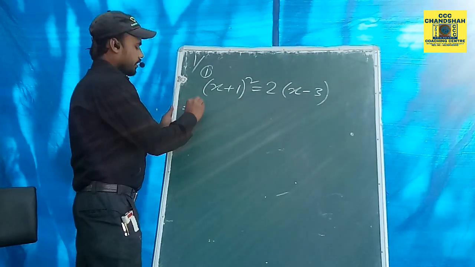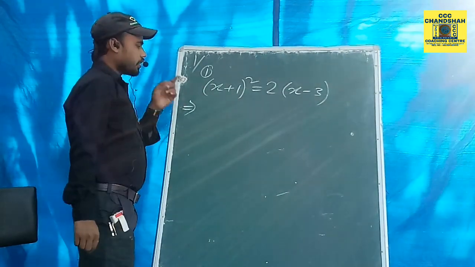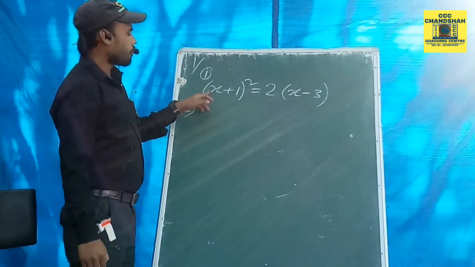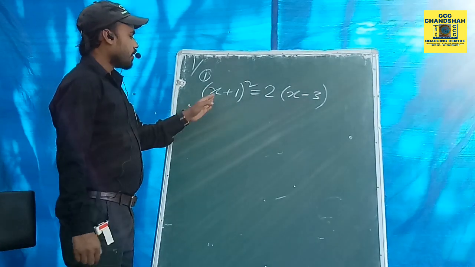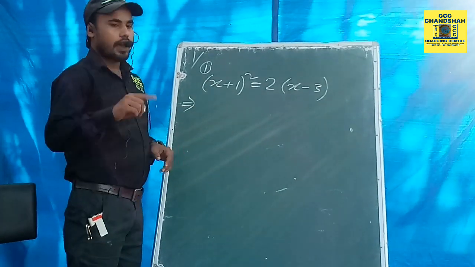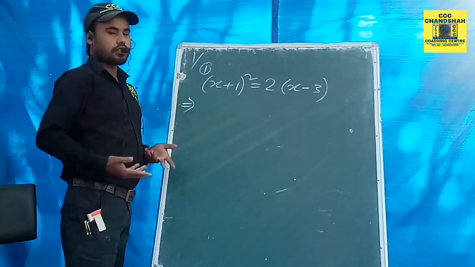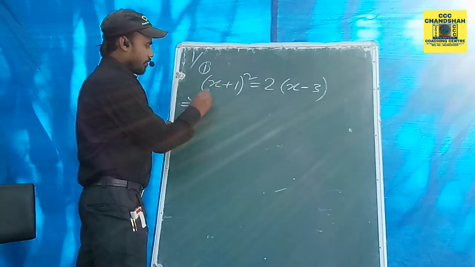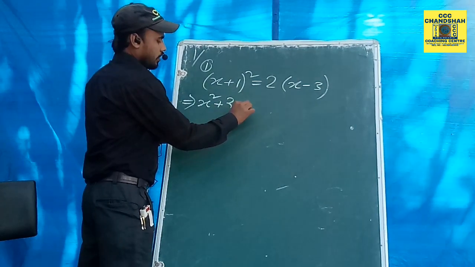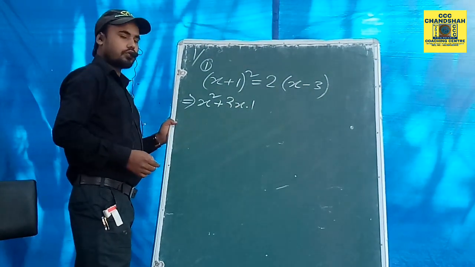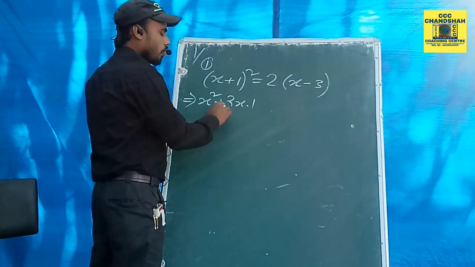So you will solve it by using the form it is in. x plus 1 whole square, we can derive it in the form a plus b whole square. Now it is known to all of us that we can write it as x square plus twice x into 1. Twice x into 1 means twice x.